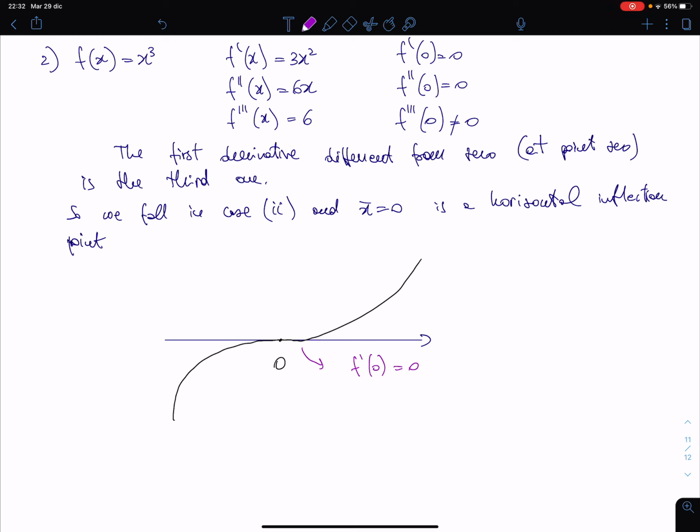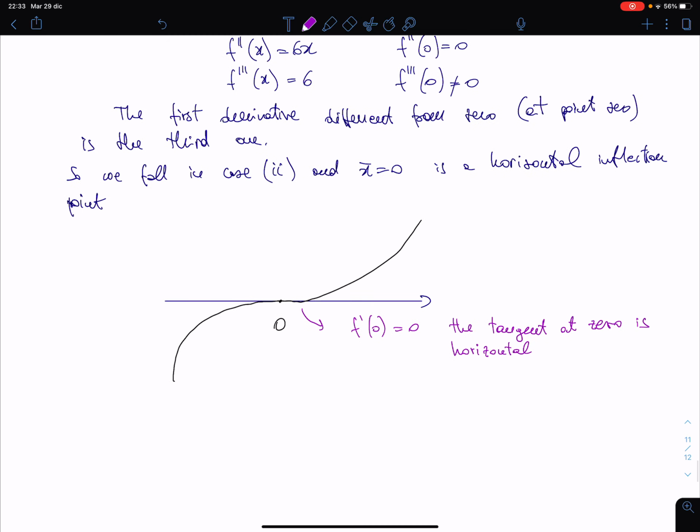So the tangent at 0 is horizontal. And moreover, you see that the function is increasing, so one says that it is an ascendant horizontal inflection point.